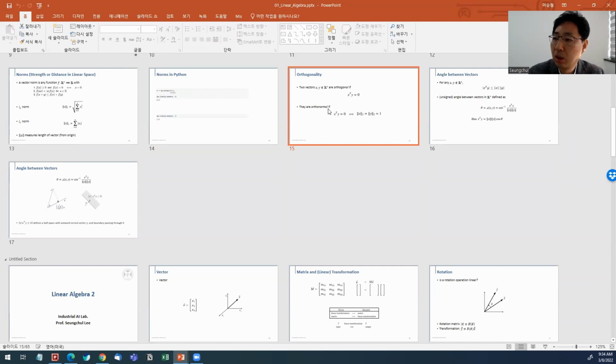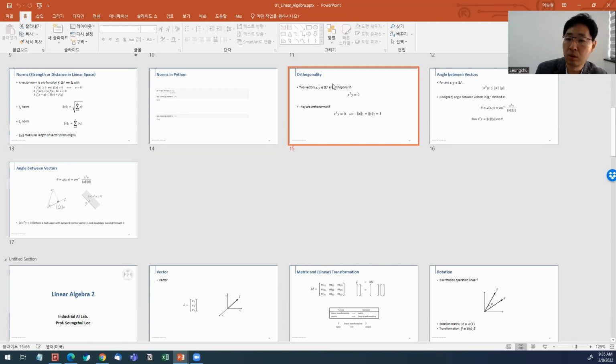And once we define the concept of distance in the linear space, we can come up with the definition or concept of orthogonality. What are the right angles between the components, or two vectors, in the linear space?